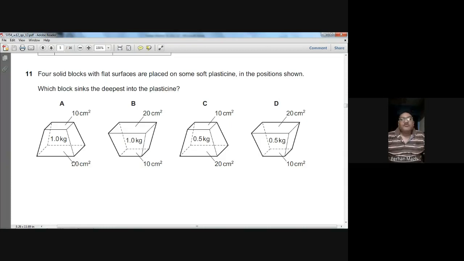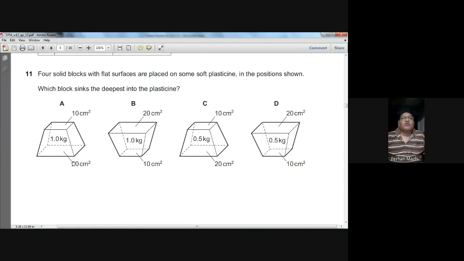And how do we know that it is creating the greatest pressure? If the area of contact with the plasticine is smallest and the weight, or the mass, is largest, it will have the largest pressure on the plasticine and it will sink into the plasticine the deepest.